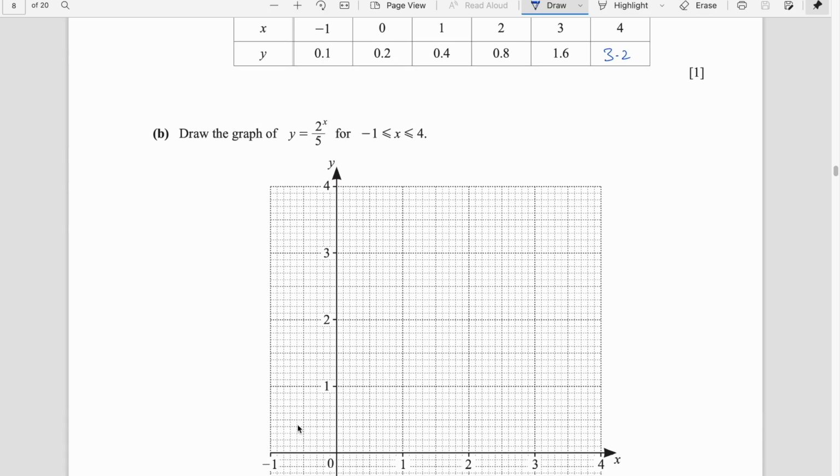At -1 we have 0.1, and at 0 we have 0.2, at 1 we have 0.4, at 2 we have 0.8, at 3 this is 1.6, and at 4 we have 3.2.